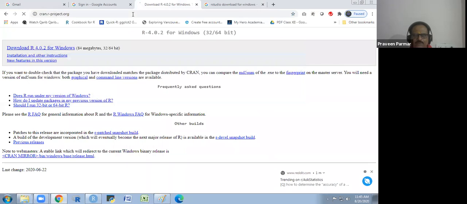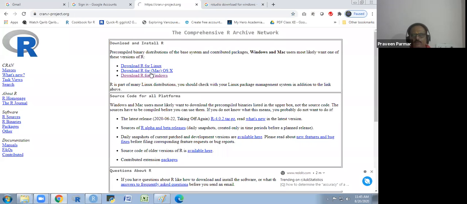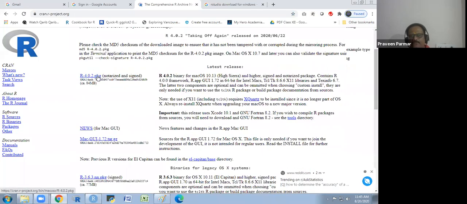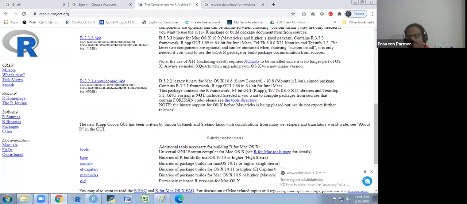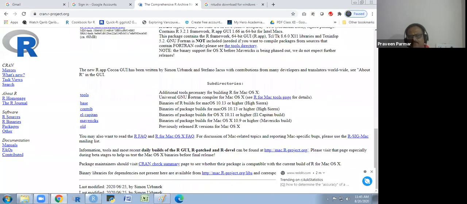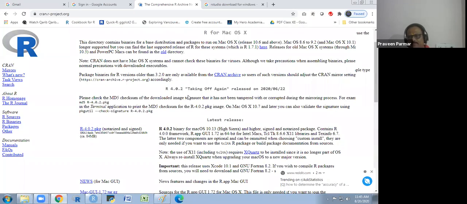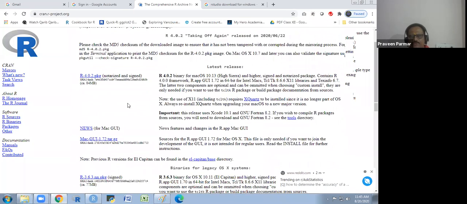You just click here, and now you will get the Mac version. You read the instructions and follow them, and you will get it.